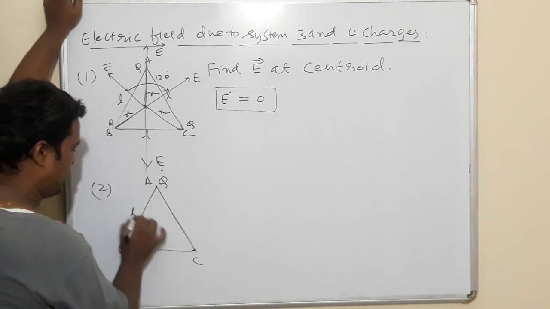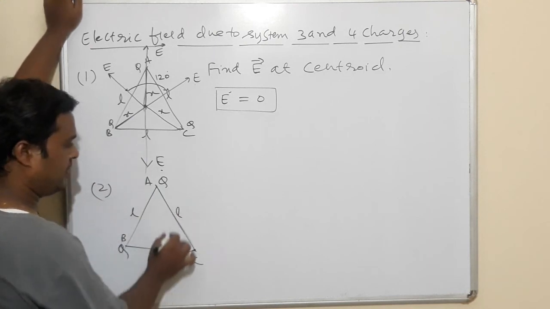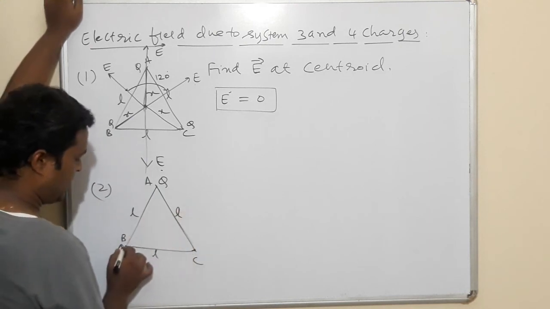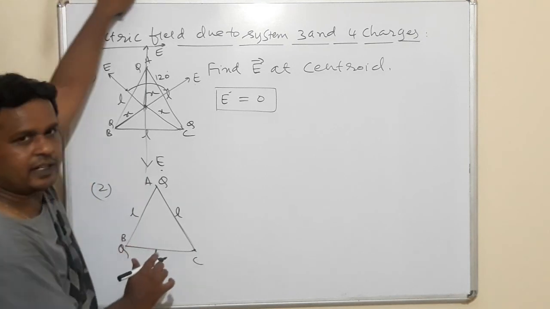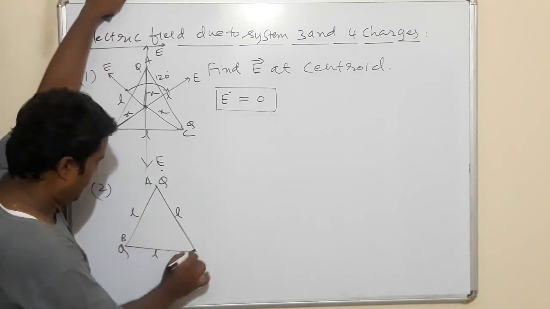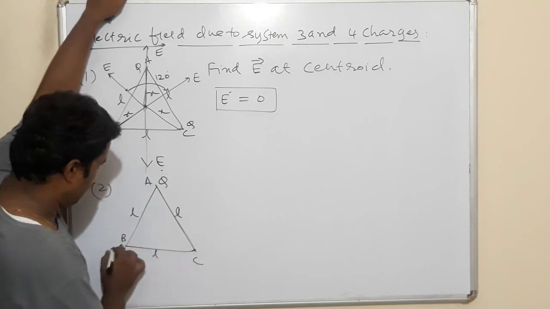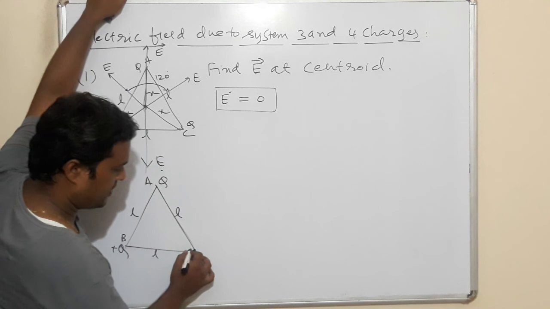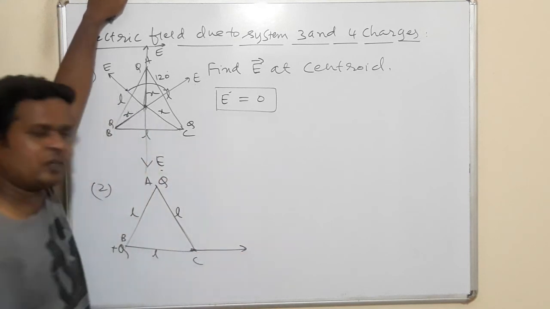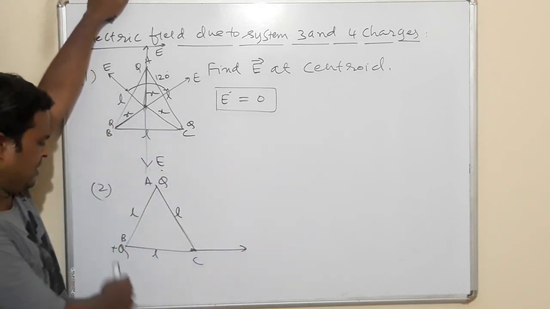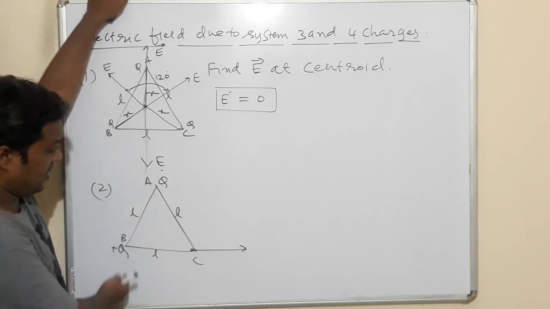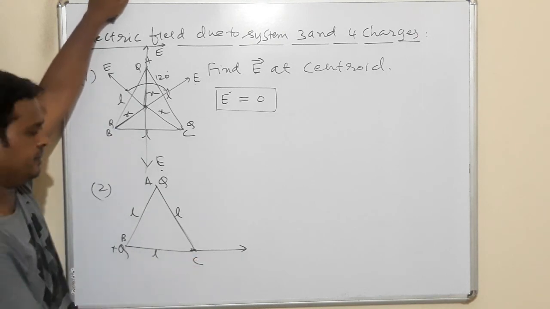That means this is L, this is L, this is L. This charge will make the electric field in this direction, away from the charge, since it is positive. What is the magnitude of the electric field? It is again 1 by 4 pi epsilon naught q by L square, the distance.